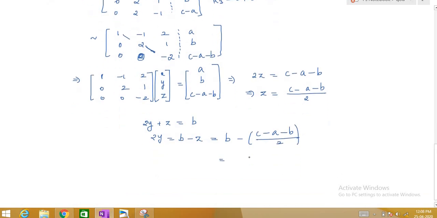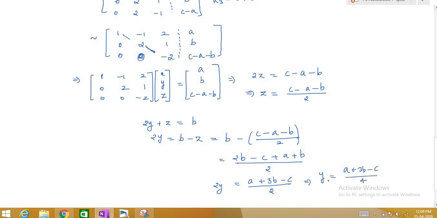Taking the LCM, we have 2y equal to 2b minus c plus a plus b by 2, which gives a plus 3b minus c by 2. Bringing the 2 to the other side, y is equal to a plus 3b minus c by 4.